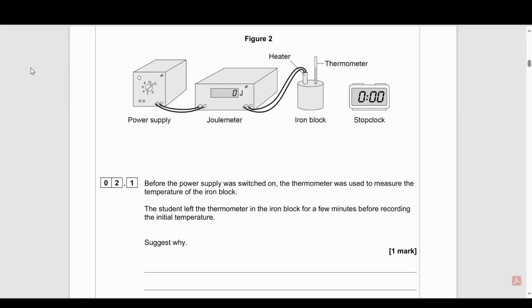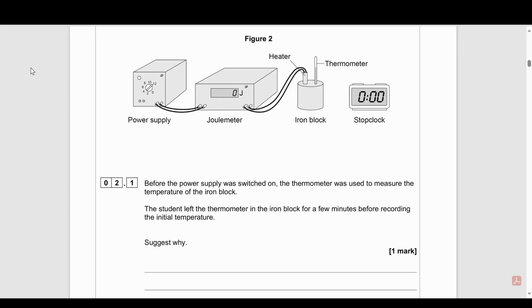2.1. Before the power supply was switched on, the thermometer was used to measure the temperature of the iron block. The student left the thermometer in the iron block for a few minutes before recording the initial temperature. Suggest why. So the question is asking, why was the thermometer placed in the iron block before the power supply was turned on?